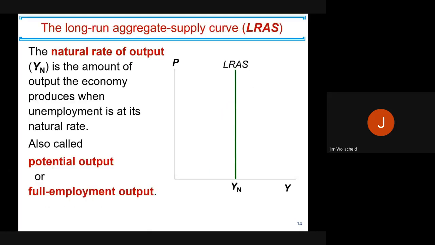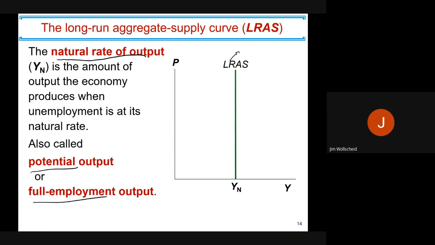Well, let's start first with the long run. The long run aggregate supply has lots of fancy terms for it. It's the natural rate of output, it's potential output, it's full employment output. The way to look at it is we're using everything efficiently.